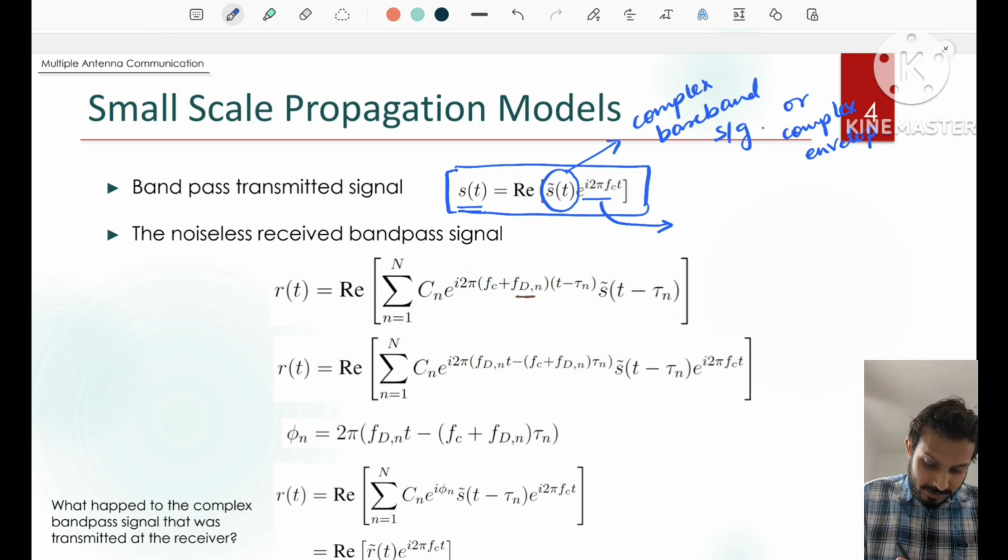So now the noiseless received bandpass signal is given by r(t). And how do we write this r(t)?